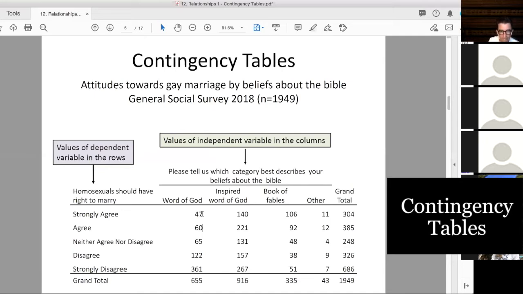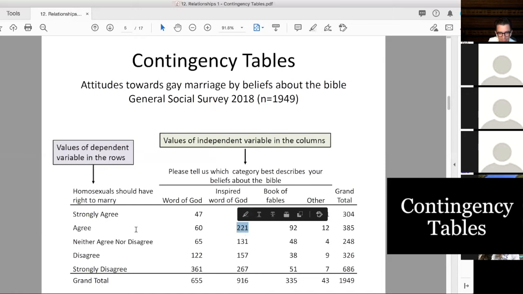Okay, 47. 361 respondents answered that they believe the Bible is the actual Word of God, and they also responded that they strongly disagree with the right to marry.